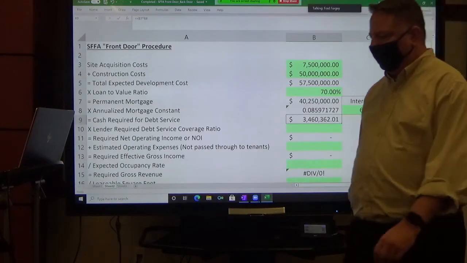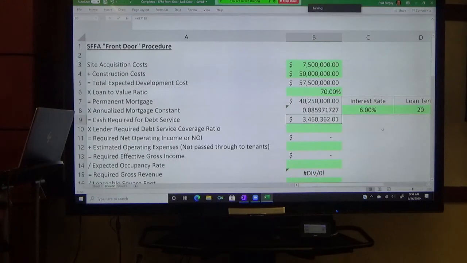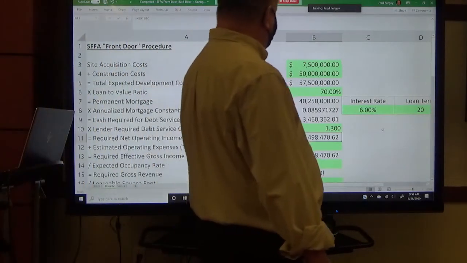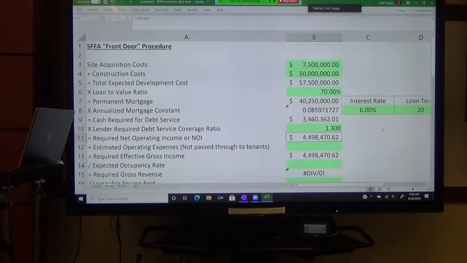Okay, now then we need to know the debt service coverage ratio. Give me a debt service coverage ratio. 1.3. Boom. Here, the only difference between what we are doing right here versus what we did earlier today is we're working backwards.